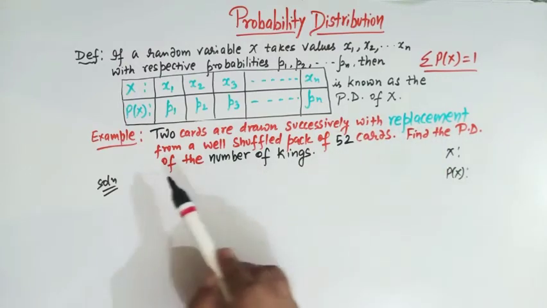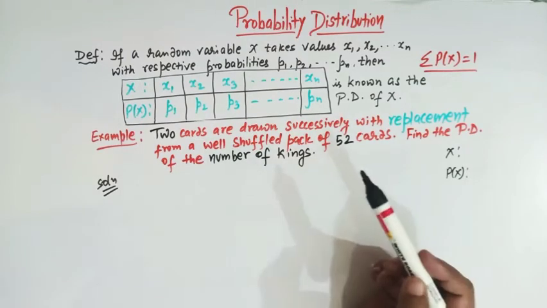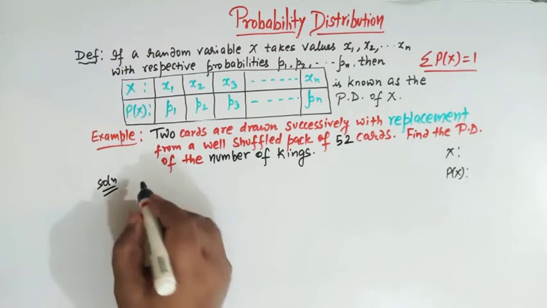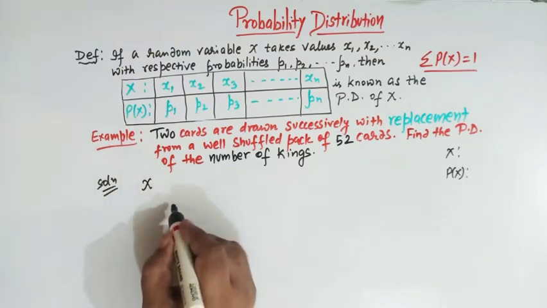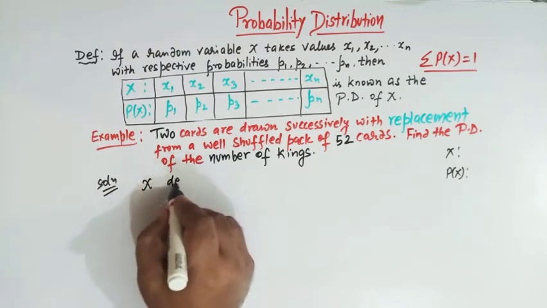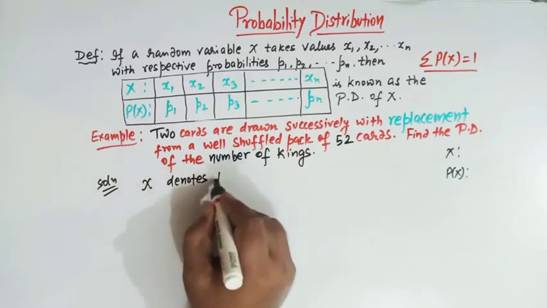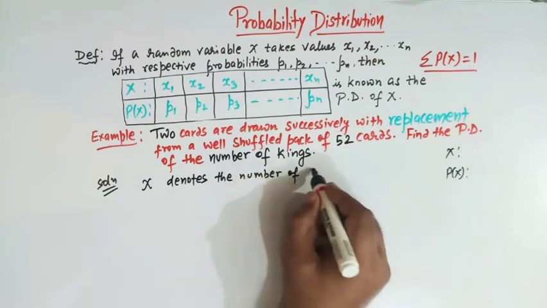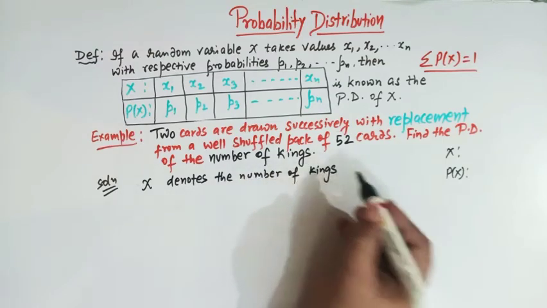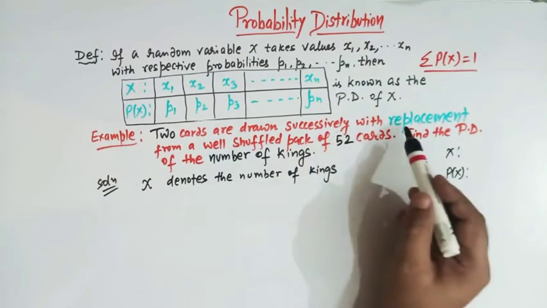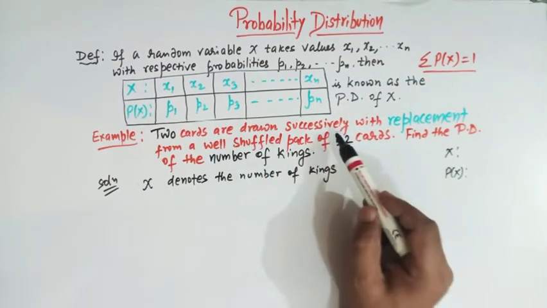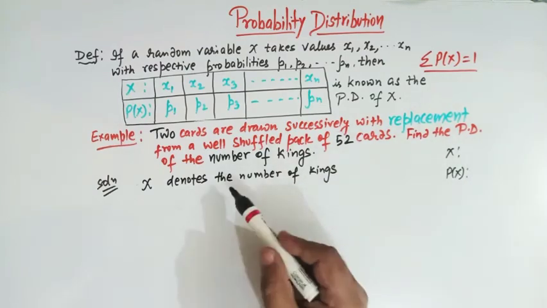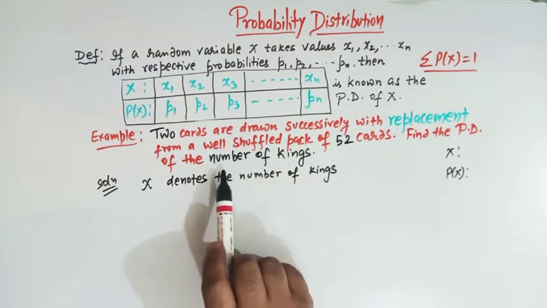So the random variable is x, and it denotes the number of kings. Now here we have to draw two cards, and they are drawn successively with replacement, and we have to find the probability distribution of the number of kings.